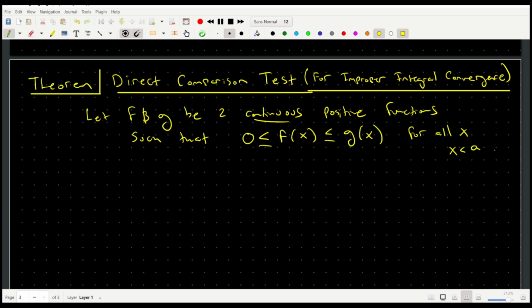This is for x between some a, so above some a, and infinity.